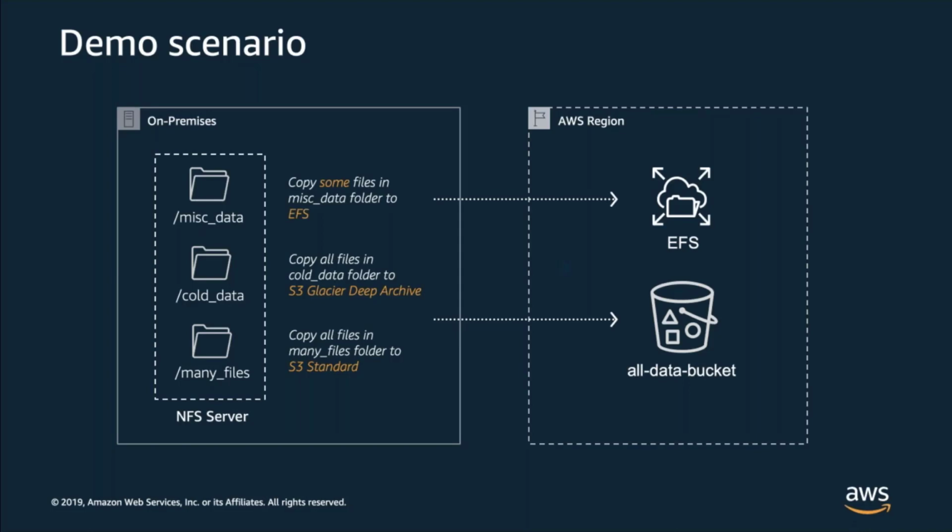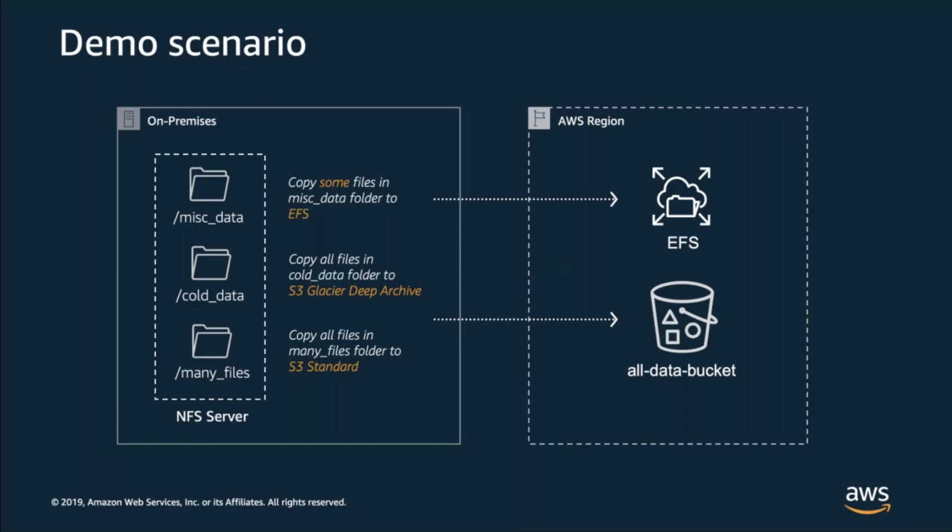In the cold data folder, I've got files that haven't been accessed for a long time. I need to hold on to them for retention purposes, but I don't really need to make them accessible that often. So I'm going to copy them into S3, and specifically, I'm going to put them into Glacier Deep Archive to save myself some money. And then I also have the many files folder, which, as the name suggests, has a lot of files in it.